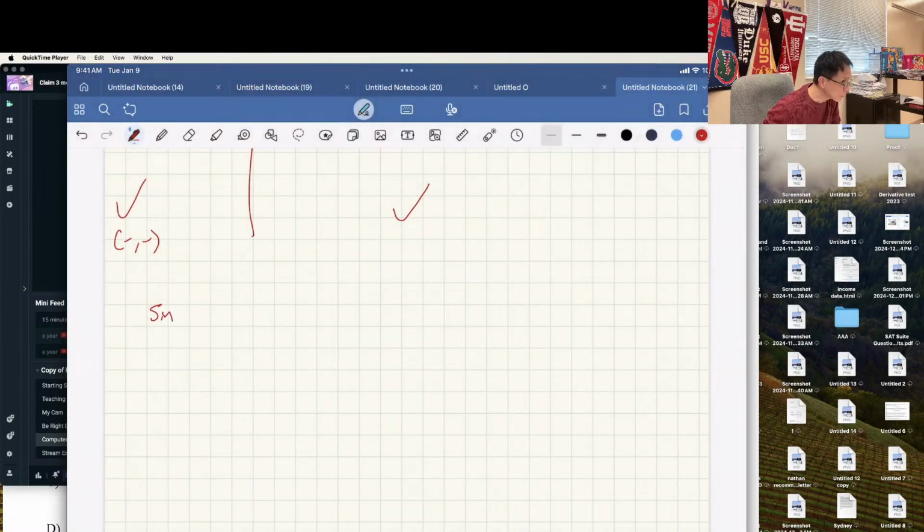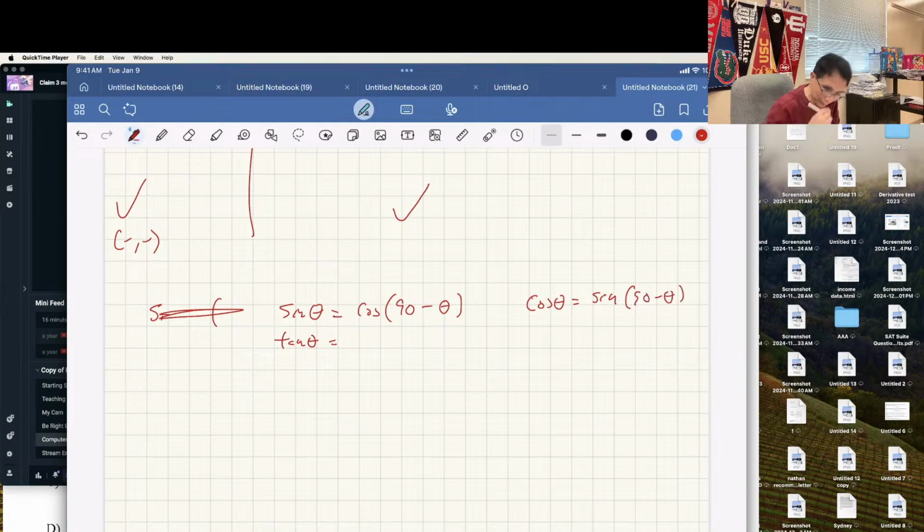Sine theta is equal to cosine of 90 minus theta. Tangent theta is equal to, actually, let me write the other side. Cosine theta is equal to sine of 90 minus theta.